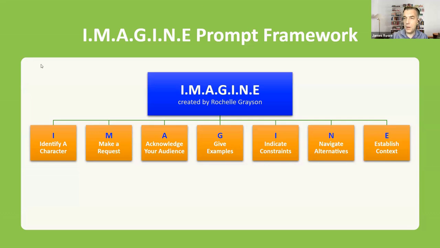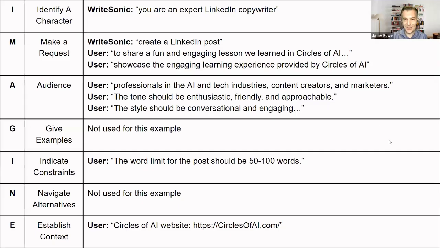All right, so let's see how the information we gave, and this is kind of a busy slide, but what I've done is I've mapped the information that was given to Writesonic into the Imagine framework. Some of the things are under the hood, built into Writesonic.